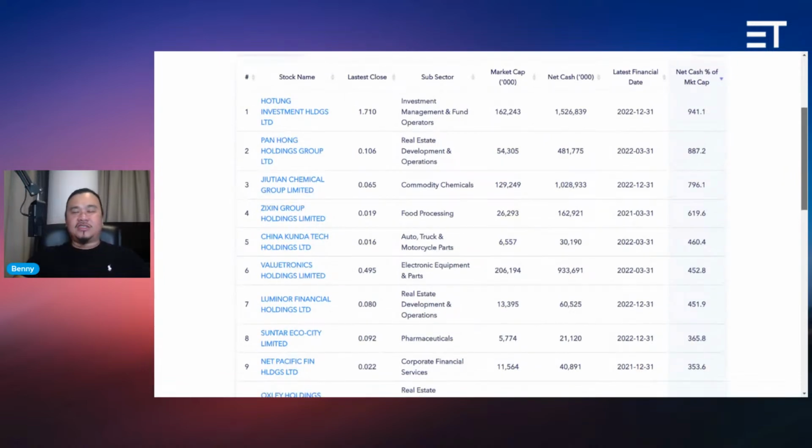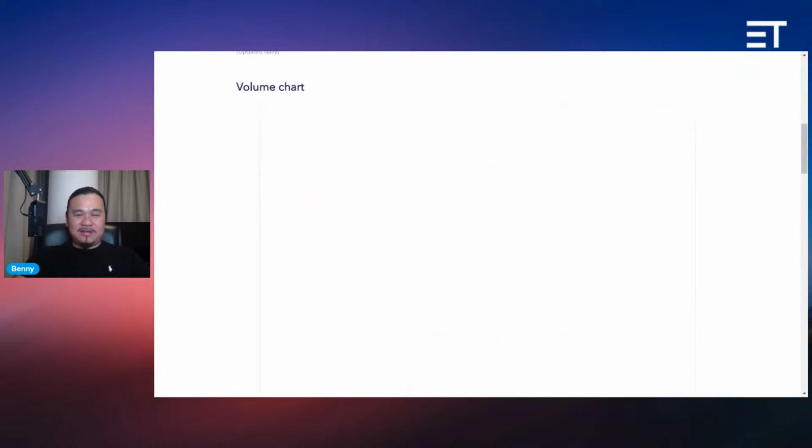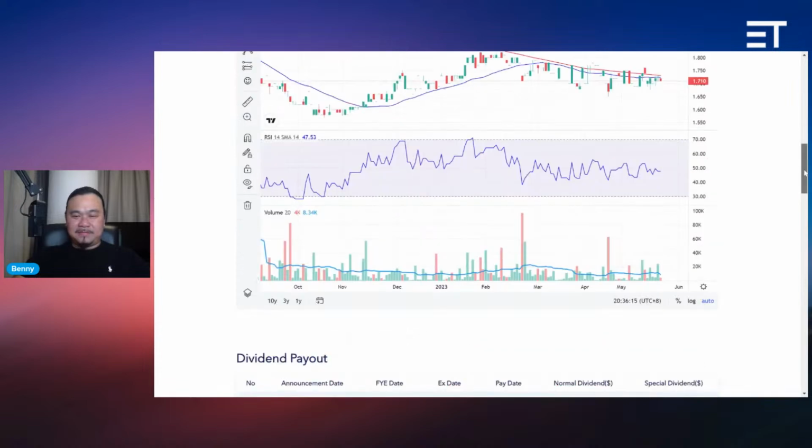All right. So if you're buying the share, you're basically buying their cash way more. And the market cap, like you see, is only 160 million, but they have a net cash of 1.5 billion. Okay. So if you're looking for companies that are safe, where you buy their share price, but you're basically holding the cash, these are the kinds of companies.